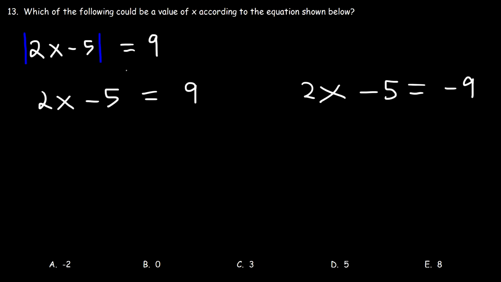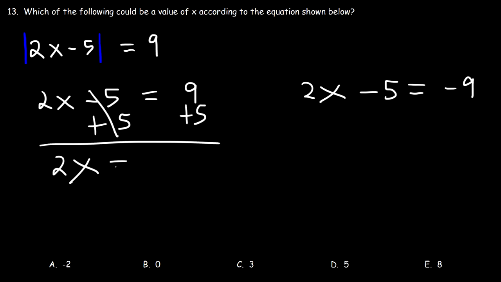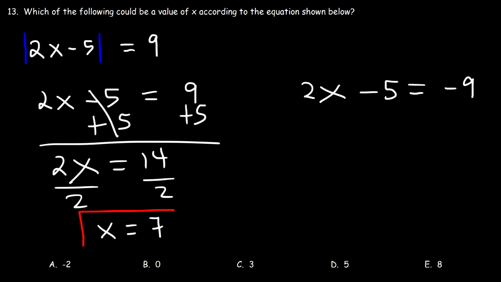So let's focus on the first equation. To calculate the value of x, we need to add 5 to both sides. 9 plus 5 is 14. And then we need to divide both sides by 2. 14 divided by 2 is 7. So x is equal to 7. Now on the right side, we need to add 5 to both sides again.